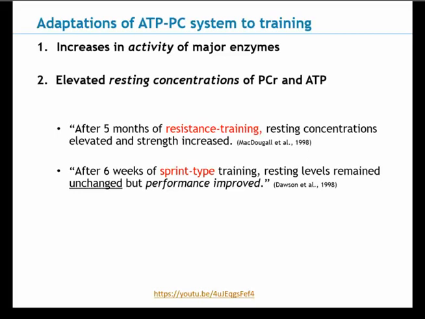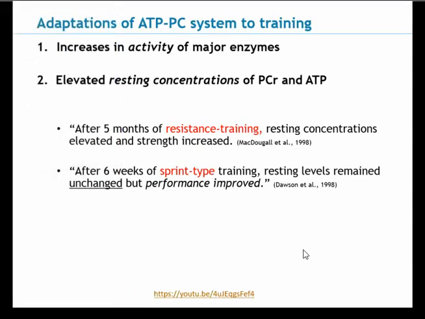What this study concluded was that it may depend on whether depletion occurred during training. In order for resting levels to increase above baseline, there usually has to be a complete depletion of the fuel sources. So maybe the sprint duration was too short for depletion to occur during training.